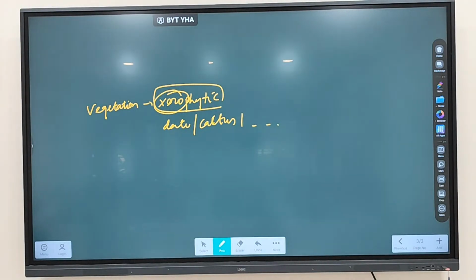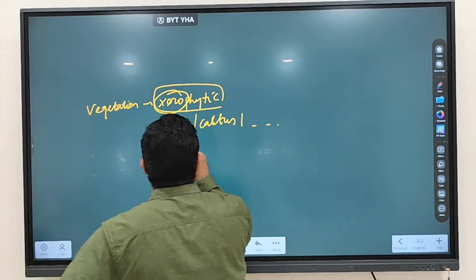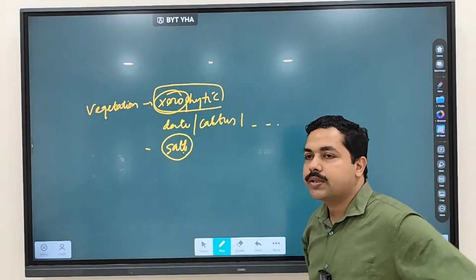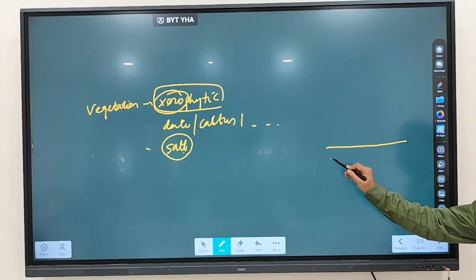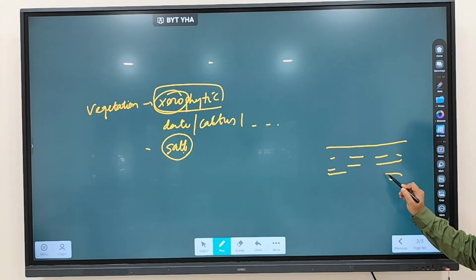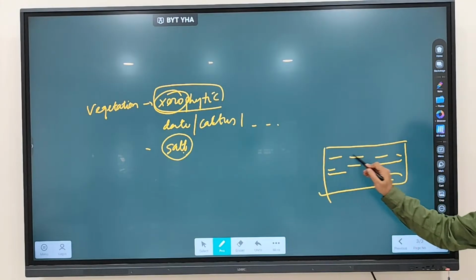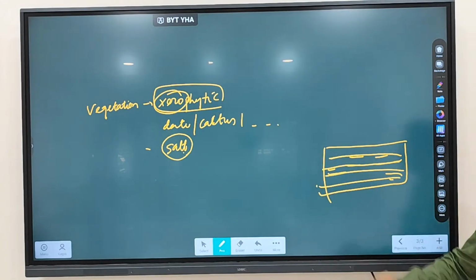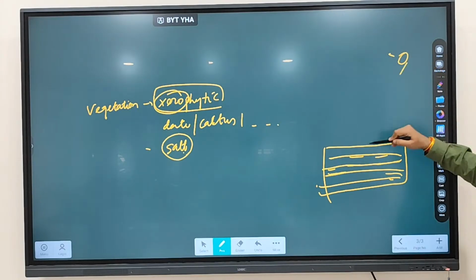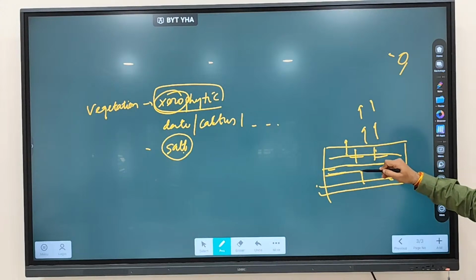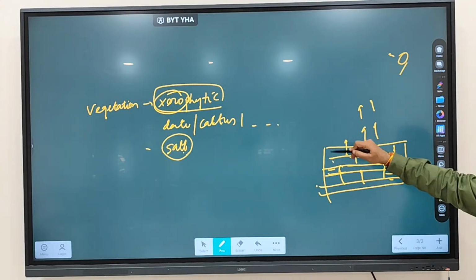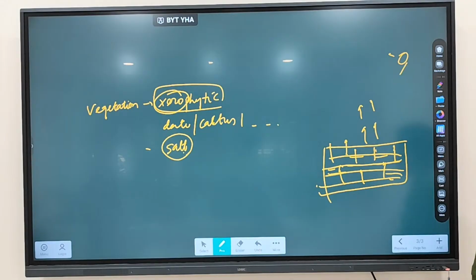Clear? The soils are saline, having a higher concentration of salt. Why? Let's say these are the different layers of the soil. In desert, evaporation will be more, so from the soil also evaporation will take place.